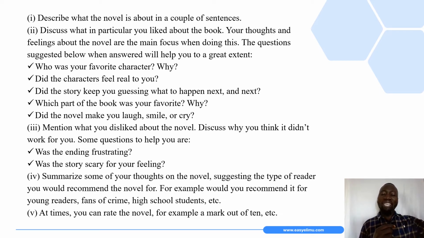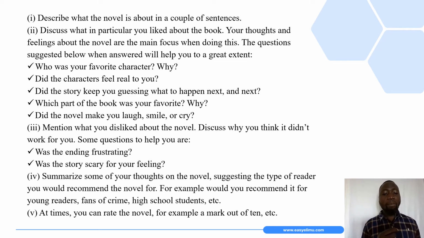Would you recommend it for the elderly? Would you recommend it for those who are religious? Or would you recommend it for those who are pagans, and so on? So that is what we mean when we talk about the target audience. So who would you recommend the novel for?